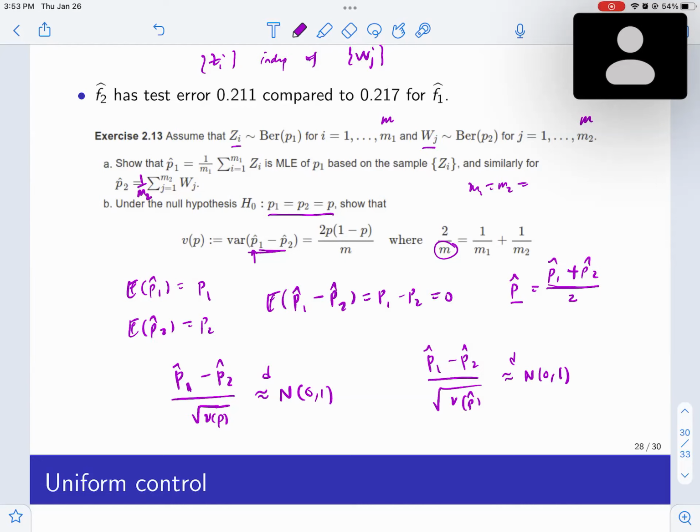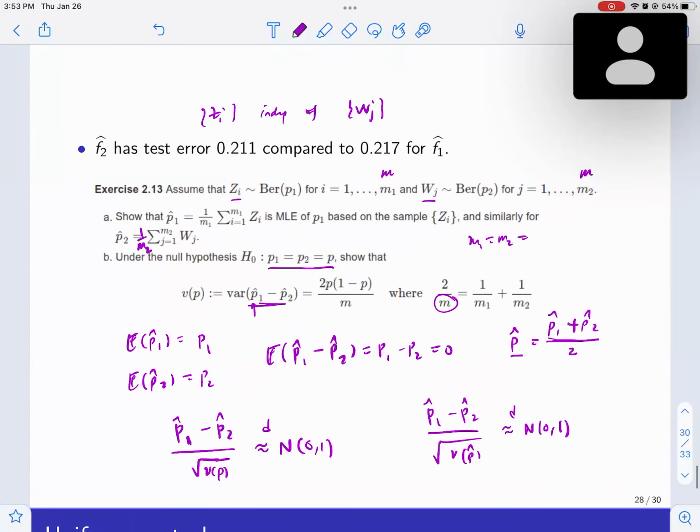Let me know if it's not clear. There are some caveats here, which is that the two samples are not independent. But if M1 is equal to M2, and if this is independent of that, then up to this point it is hopefully correct.